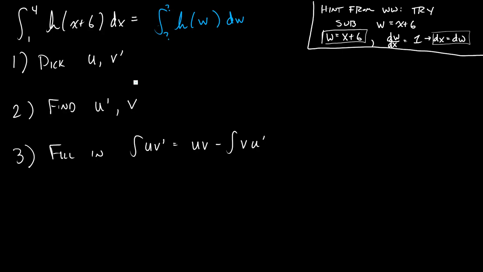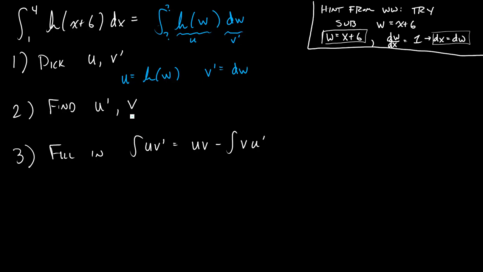What we'll do is u is equal to the ln of w. So this thing here is going to be u, and remember the rest needs to be v prime. This is going to seem very weird at first, but v prime is going to be equal to dw.